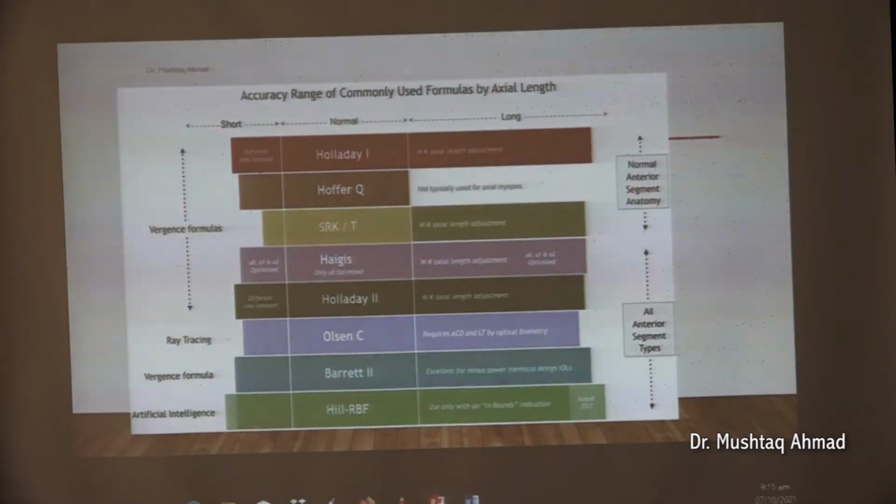This is the accuracy range of commonly used formulae by axial length. This table shows short axial length eyes, normal length eyes, or long axial length eyes, and then you can choose your formula from the table.